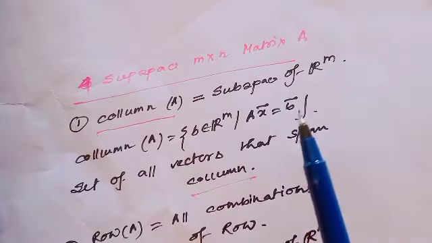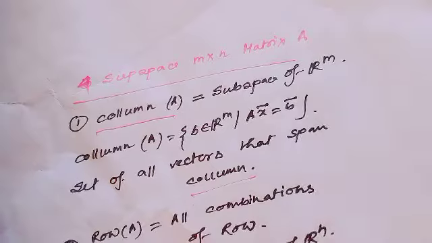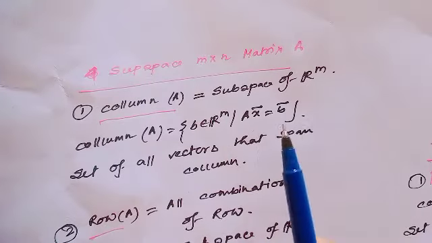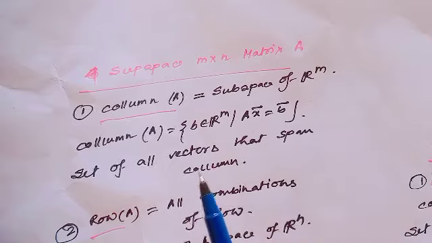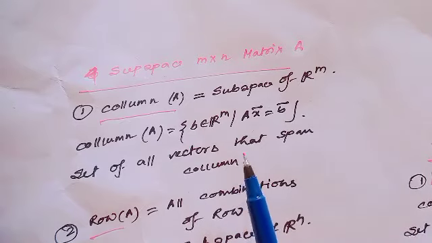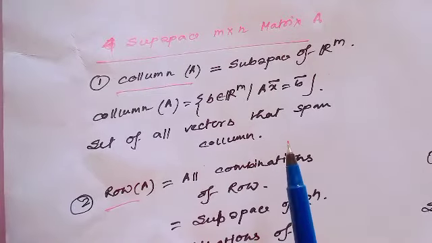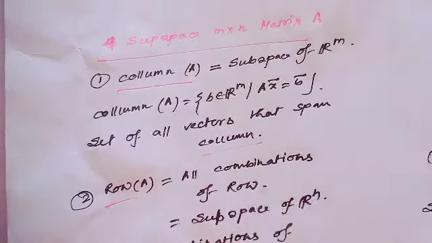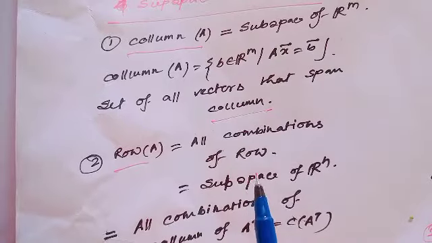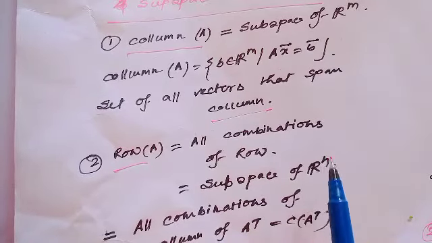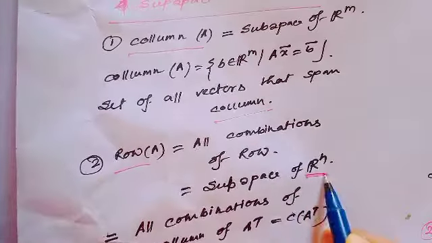That means in any M cross N matrix, there exist 4 subspaces. First, the column space of A. This is a subspace of Rm because the column space of A is the set of all B in Rm such that Ax equal to B. Actually, this is the set of all vectors that span all columns. Second, the row space of A. The row space of A is all combinations of rows, and the row space is a subspace of Rn.